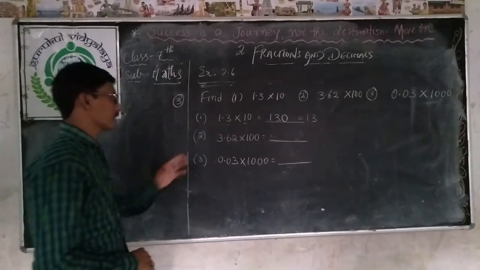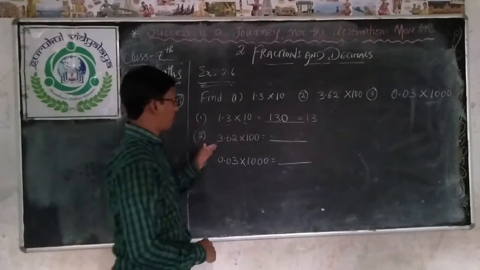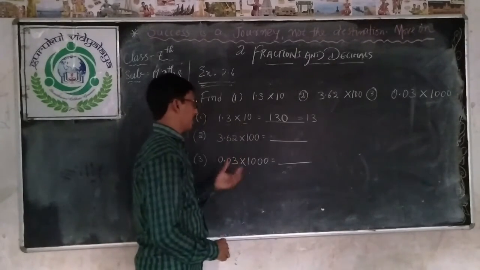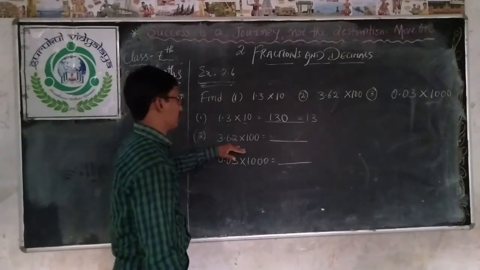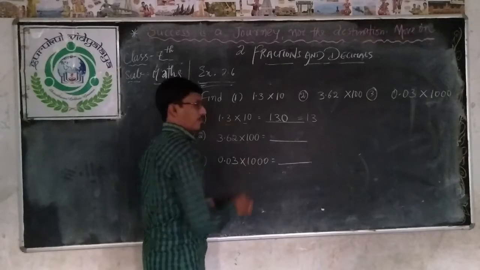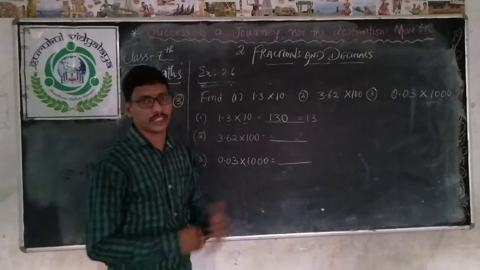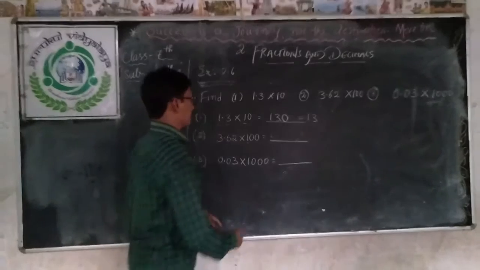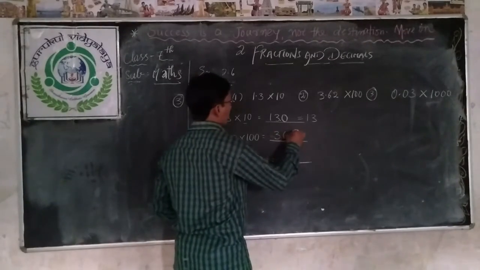Okay. Coming to the next problem, 3.62 into 100. Just forget about the point. This is considered as 362. When 362 is multiplied with 1, what will come? Again 362. Any number multiplied with 1 stays the same number. So 362.